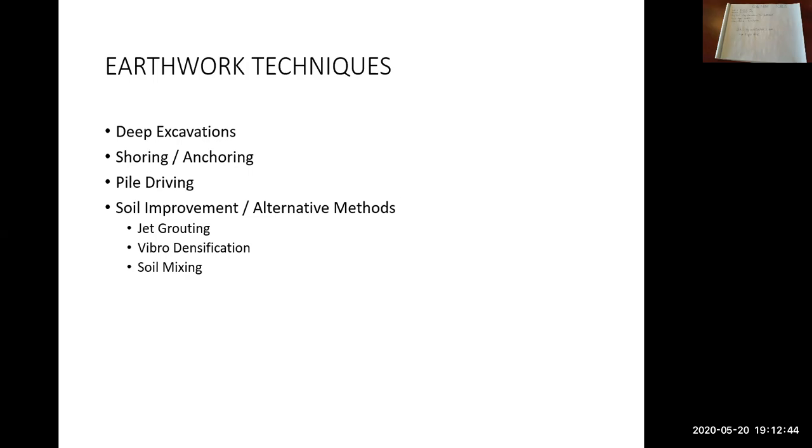Other methods of pile driving, for instance, the wood piles that I mentioned, those are typically used to increase the density of the ground. So if the ground again is too soft to build a structure on, you can pound in all these wood piles.